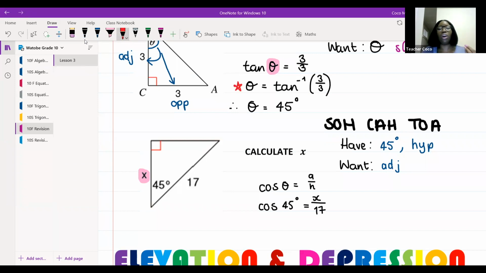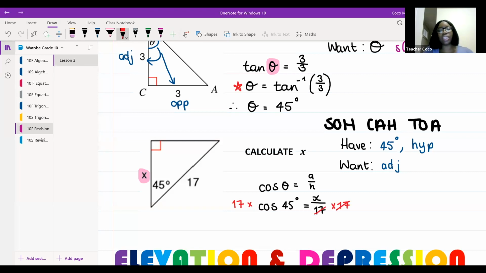Oh, Funzo, you are on fire today. That's 100% correct. If I've got divide by 17, I need to do the inverse operation, which would be to multiply by 17. And whatever I do on the right-hand side, I need to make sure I do on the left-hand side as well. So 17 divided by 17 gives us nothing.